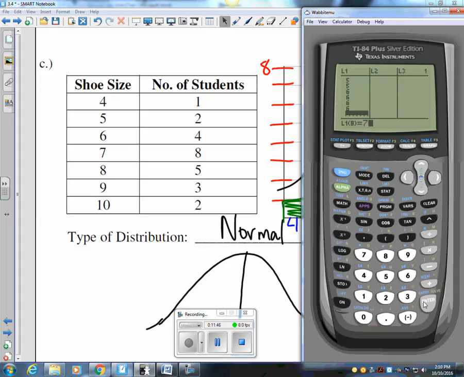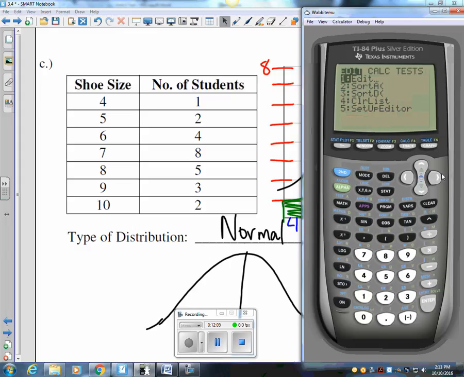And then 7, 8 times. All right, those are the correct numbers up there.